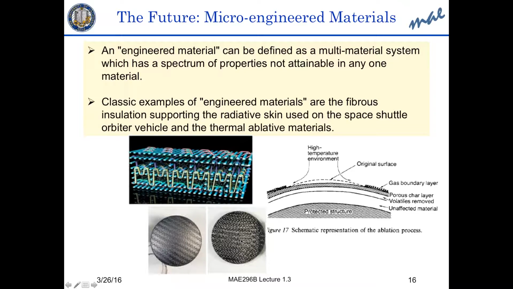So this is an example where you have, let's say, boride, carbide, nitride of hafnium, tantalum, and zirconium. These have very high temperature capabilities, and if you make them into a porous structure, then they can be a very good and effective thermal shield that can work up to 4,000 degrees centigrade.